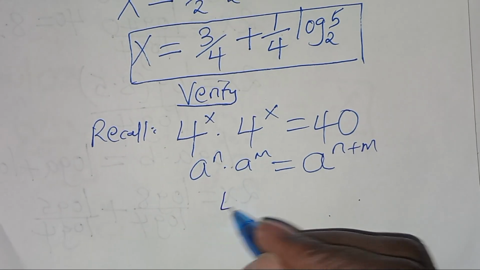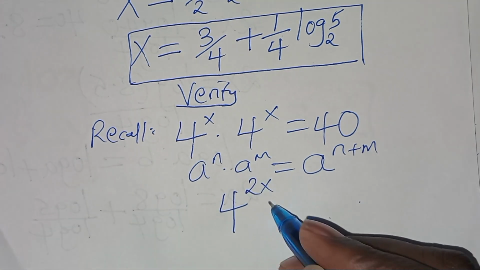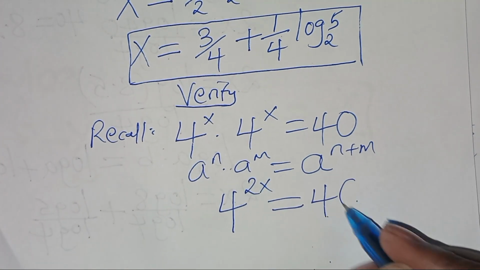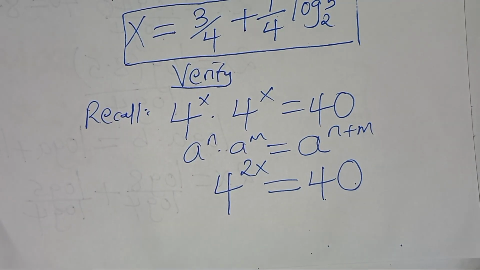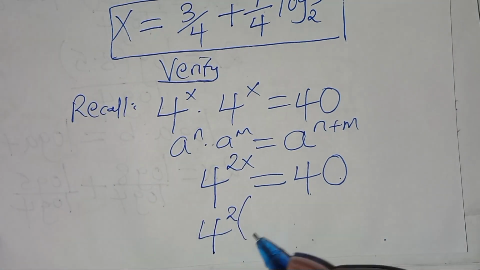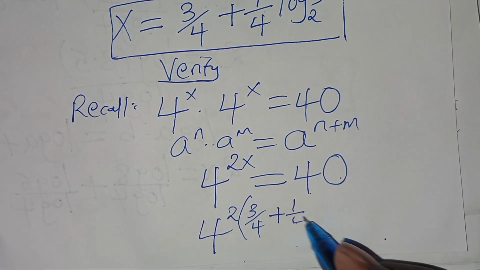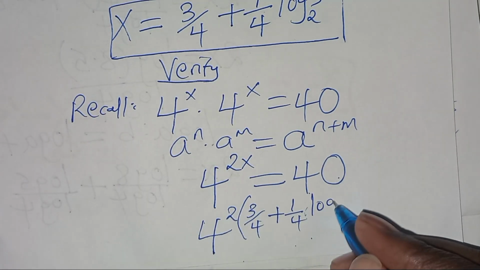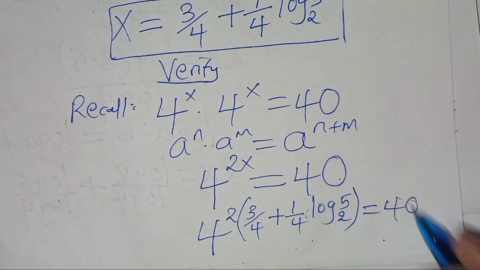And therefore here we have 4 raised to the power x plus x, which is 2x. This is equal to 40. So let's substitute the value of x here. So this is 4 to the power 2 multiplied by 3 over 4 plus 1 over 4 log 5 to base 2. This should give us a value of 40.